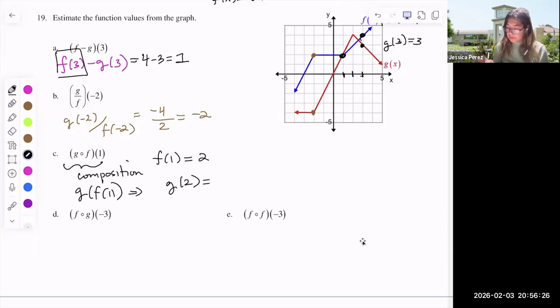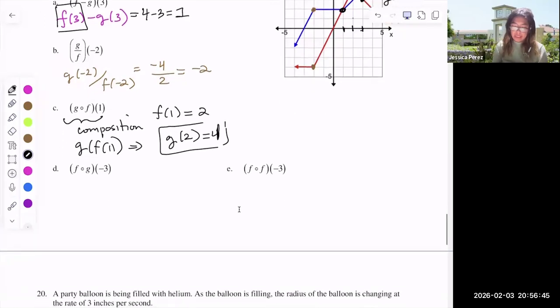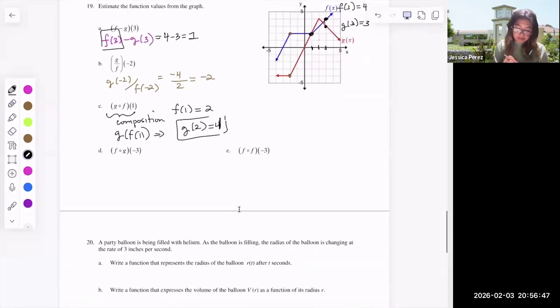So g at 2. 1, 2, 3, 4. So you look at the graph. So technically, my solution is 4. So you have to first do f of 1, that gives you 2, and then g of 2, which is 4.